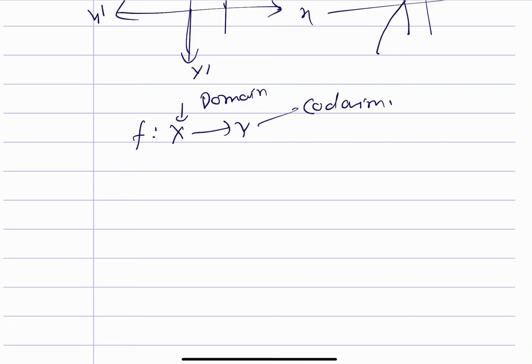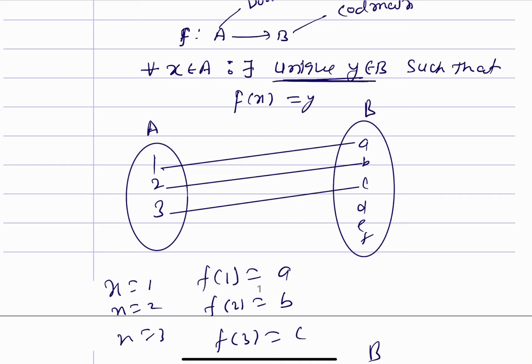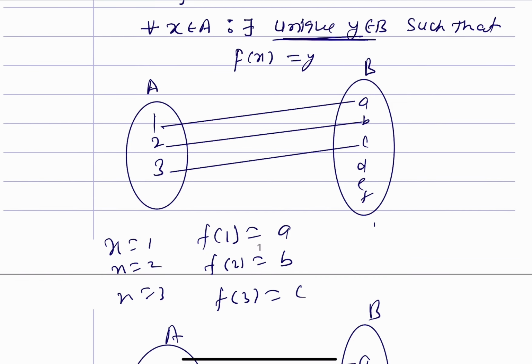When we talk about the range, the range is a subset of the codomain. Here you can see the example: our domain is 1 2 3, our codomain is a b c d e f, but the range is only a b c.